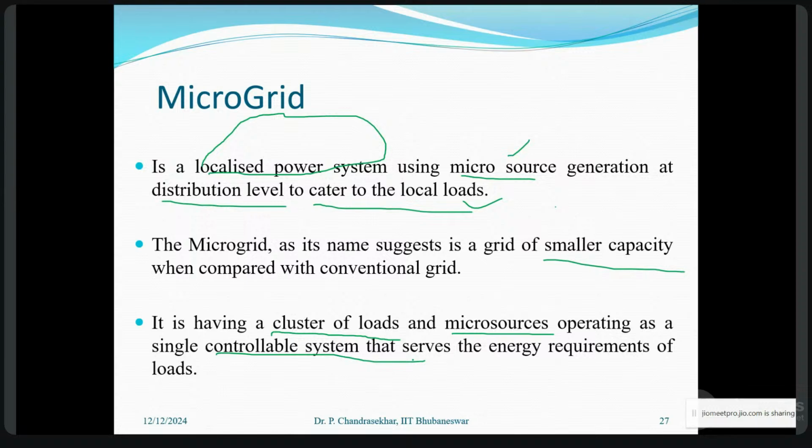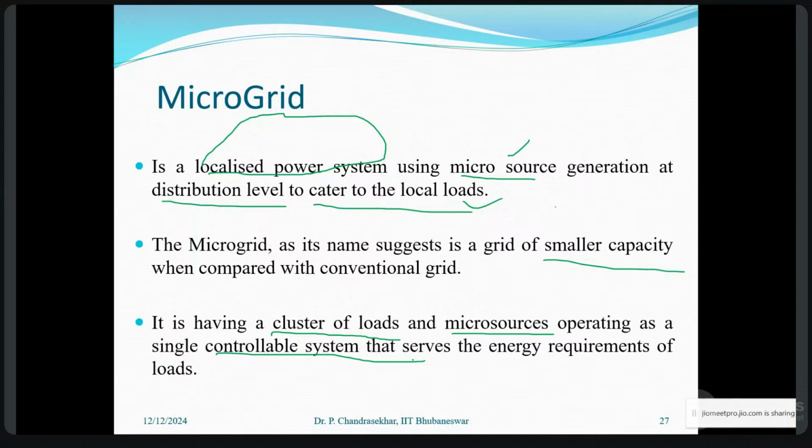Though there may be many loads and many generators, all of them are going to operate as a single unit. For example, if one of the loads increases and taps a little more power than earlier, one of the generators has to increase its power output.